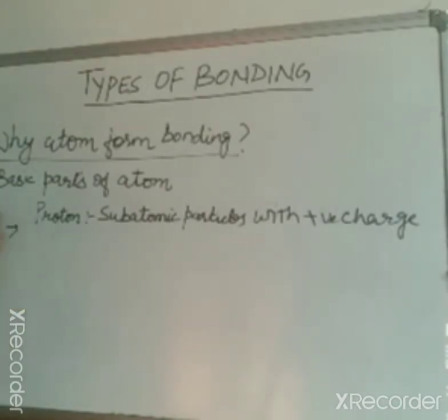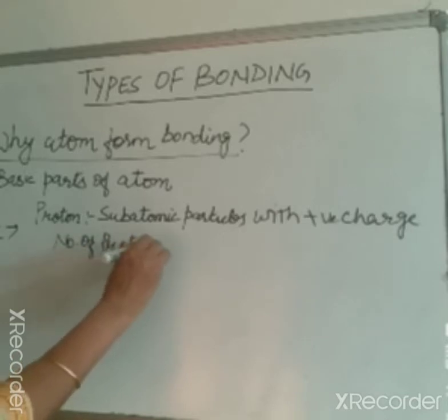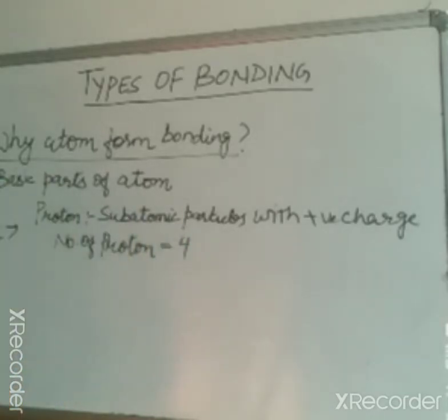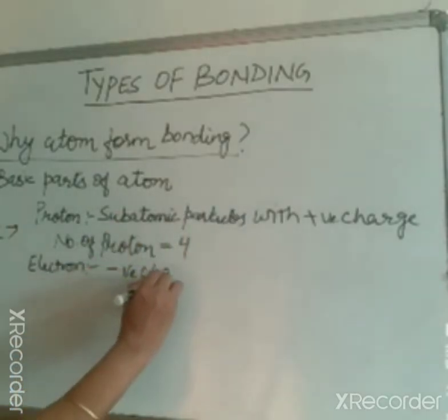So here, in an atom of beryllium, the number of protons is equal to 4. Next comes the electron. This is also a subatomic particle with a negative charge.